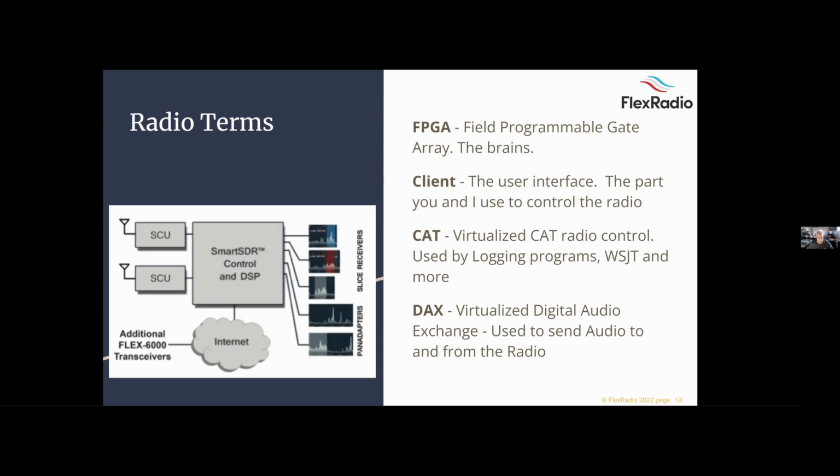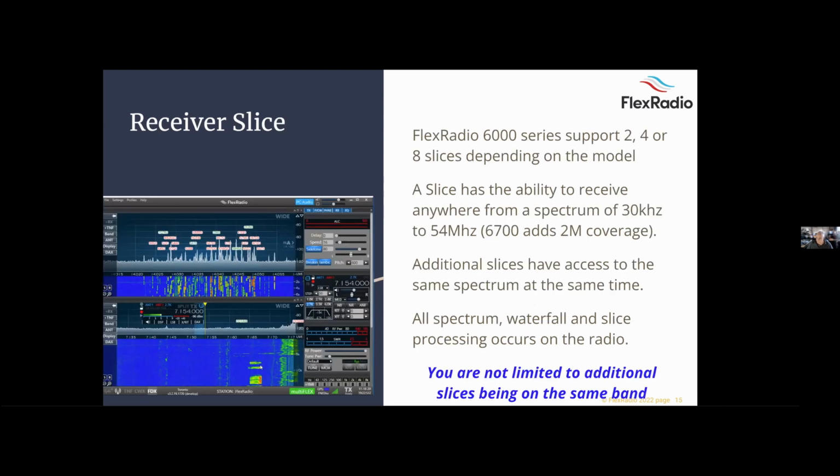It's used to send audio to and from the radio and any program that would use that, like WSJT-X, for example, which requires that you connect it to some sort of sound card interface. Well, with DAX, we have drivers that we install on the Windows PC that are virtual sound card drivers, and you can take one of those channels and attach it to a specific slice receiver and wire that directly into the WSJT-X program.